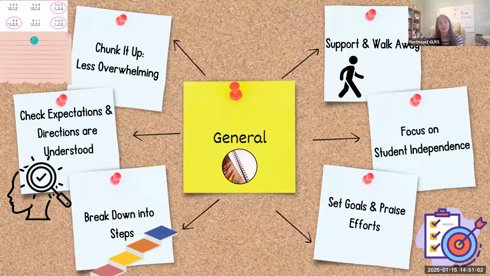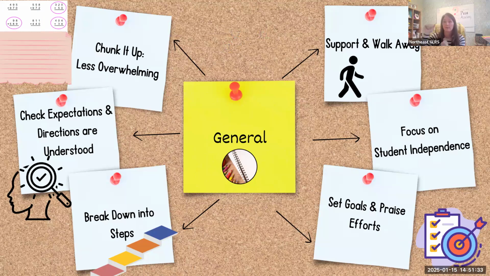I've taken a Post-it note and covered half of them, because my student may be expected to complete all 12 problems, but in order to make it less overwhelming for them, I've covered up half of the problems and I've taken a highlighter and circled the 3 that I expect them to complete. Once they complete those 3, then I would take a different color highlighter and circle the next 3. Once that's done, I would move my paper down. This is a way that we can make it less overwhelming for our students.